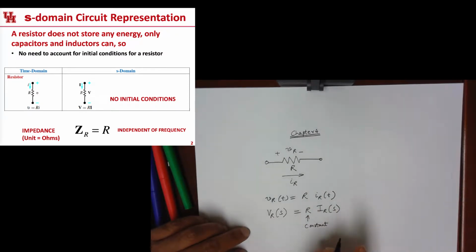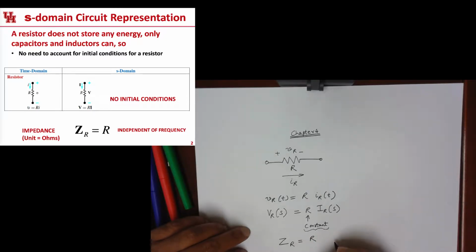One way to also refer to a resistor is as an impedance. The resistor can also be called an impedance, Z_R, which is simply R. The Z_R value is independent of frequency because the resistor's value has no relationship with frequency.